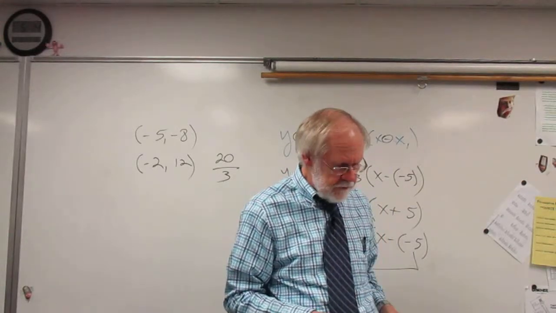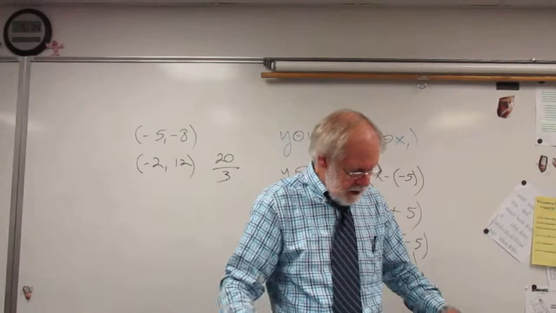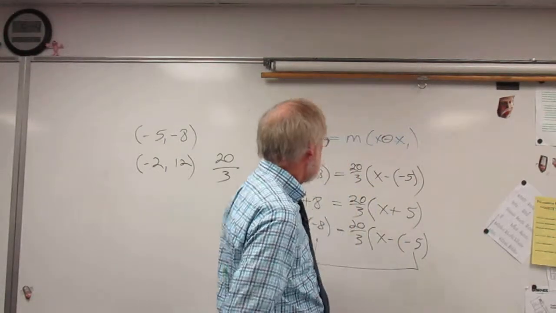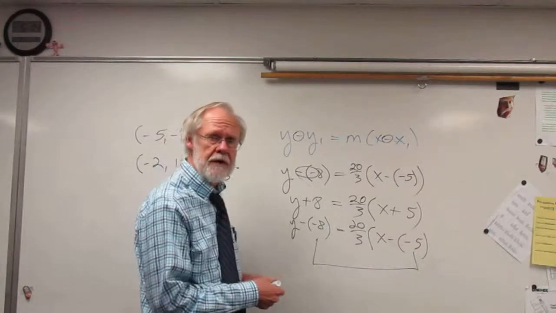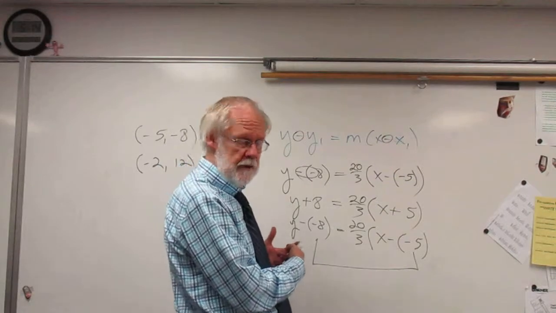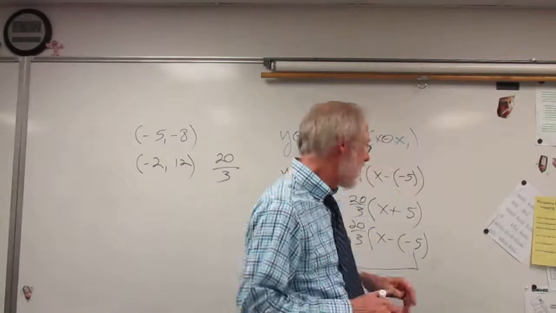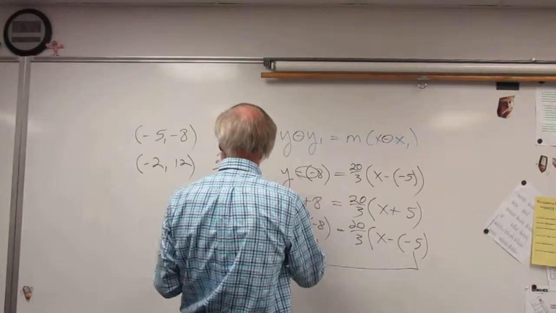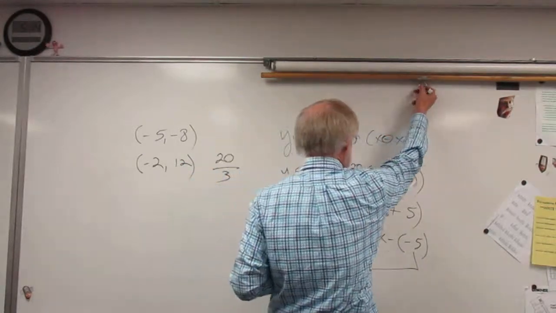That is point-slope form. You can graph an equation directly from point-slope form, but you don't know the y-intercept. So if you need to know the y-intercept, put it into slope-intercept form. You would graph it, of course, by taking a point. In this case, it would be negative 5, negative 8.